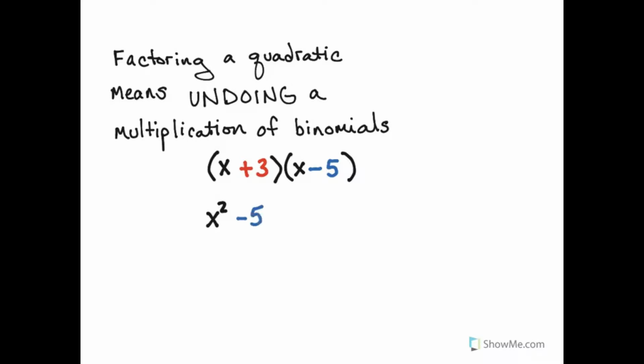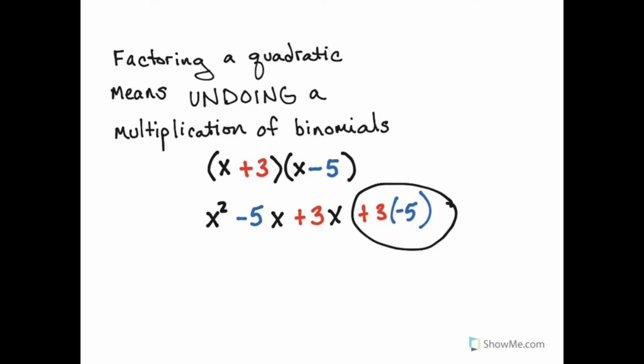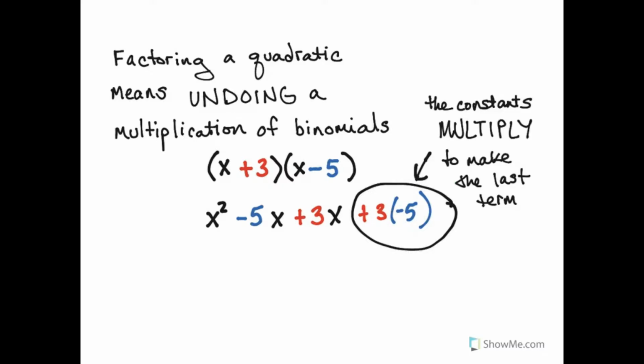So I have negative 5x, and then 3 times x, that's a positive 3x, and then I have positive 3 times negative 5. So where they're used here is that they multiply to make the last term, and they add to make the middle term.